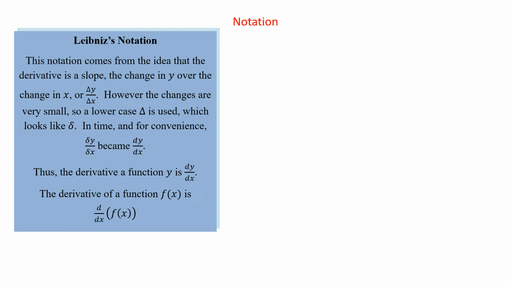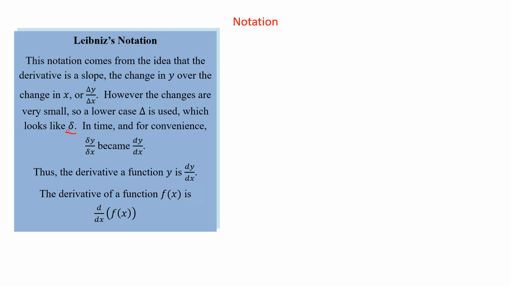So the derivative is slope. It's change in y over change in x, or delta y over delta x. But since the change was so small, use a lowercase delta. The lowercase delta looks like that, which for convenience, maybe sloppiness, just became d's.